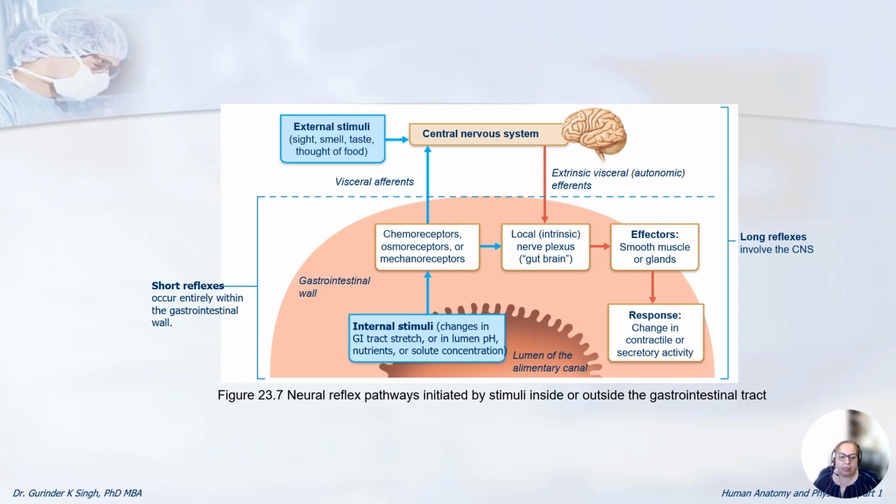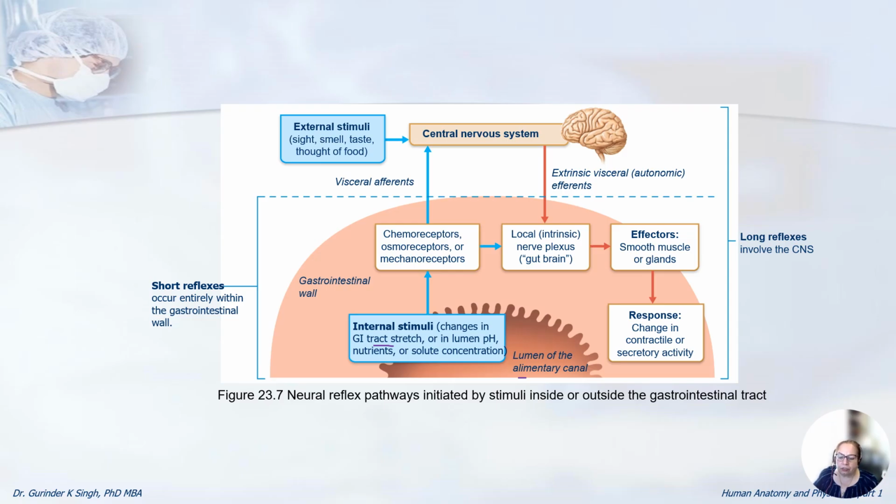Since the lumen of the GI tract, or the alimentary canal, as we call it, is exposed to a different environment, there can be changes in the stretch receptors because you have just eaten and your stomach is full, or the food is moving through the intestine. There can be a change in the pH because you might be taking in some more acidic food, and also the stomach pH is different from the intestinal pH.